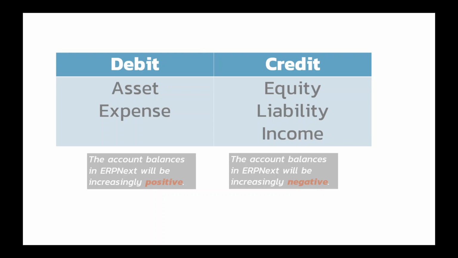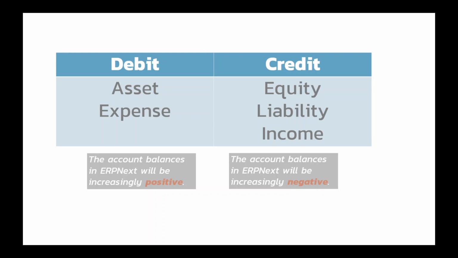Liability: if you have more debt, you record it as a negative number. So if I owe you money, then that amount is recorded as a negative number, which for me makes sense. If you owe somebody, then it's a negative number.